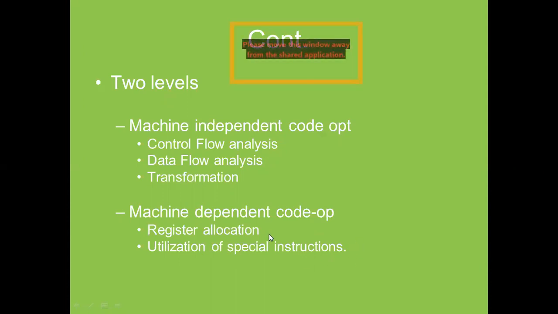So here we can use the special instructions and also allocate different registers, or temporary registers, to store the different variables or lines of the source code. Here we can temporarily save our program. This is called register allocation. Here we use the registers to save our program, and another is the utilization of special instructions.